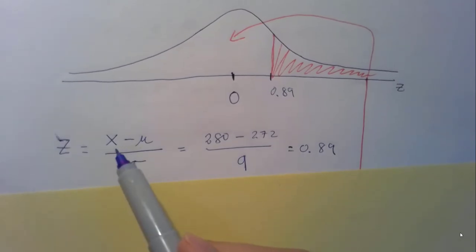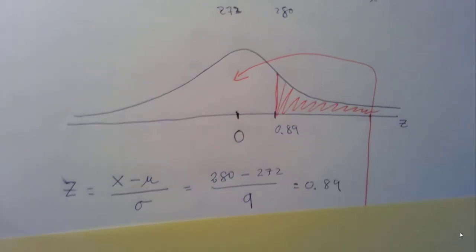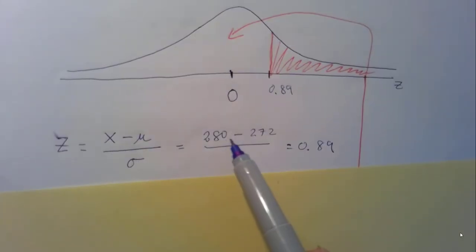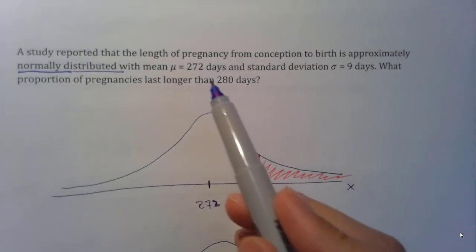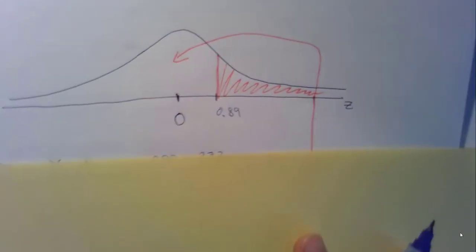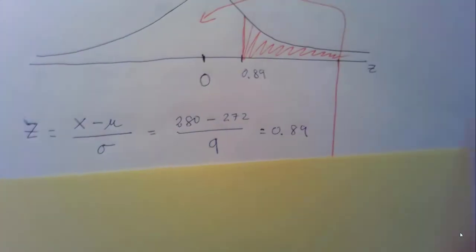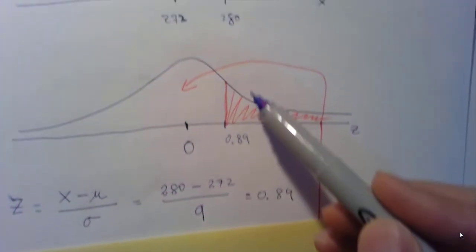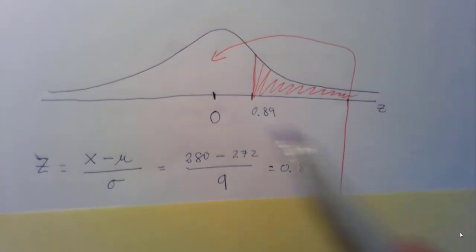The x is the value 280, the one that you are looking to convert. We are given the mean and the standard deviation from the problem, so we make the substitution here, and then we are able to find the z-score. So 280 has the z-score of 0.89 on the z-scale.